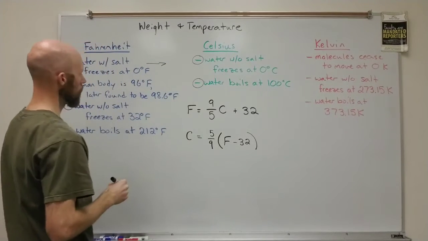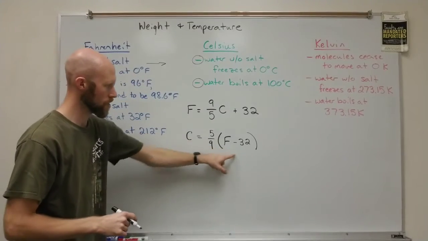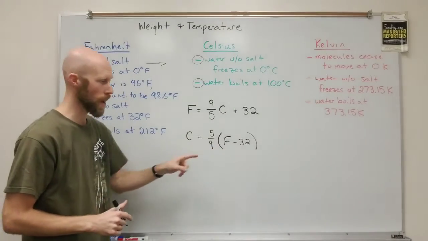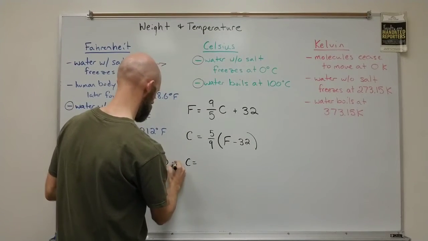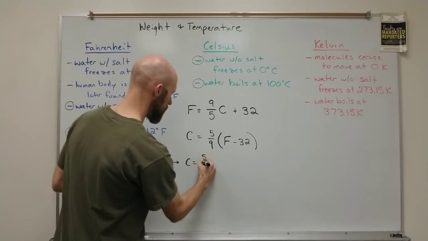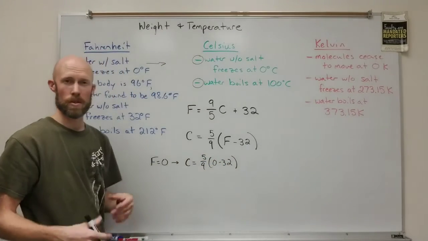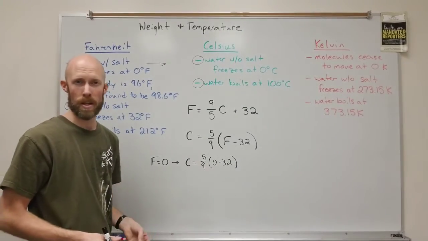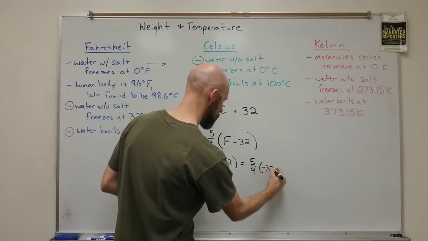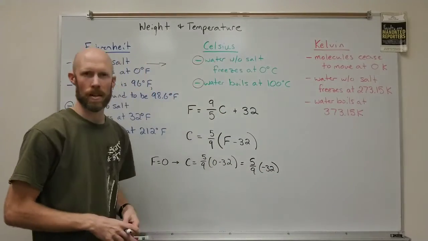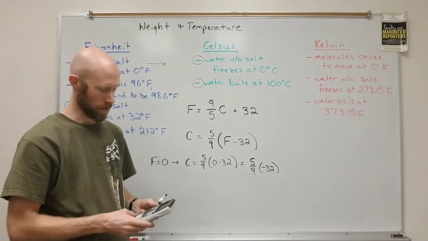Well, I know that it's 0 degrees F, so I need to go to this second formula and plug in a 0 for F. If F equals 0, then C is 5/9 of 0 minus 32. 0 minus 32 is negative 32. You're just using the order of operations to evaluate that. 5/9 of negative 32. Now, that doesn't come out evenly because 9 doesn't go into 32, but we have a calculator that will help us out.